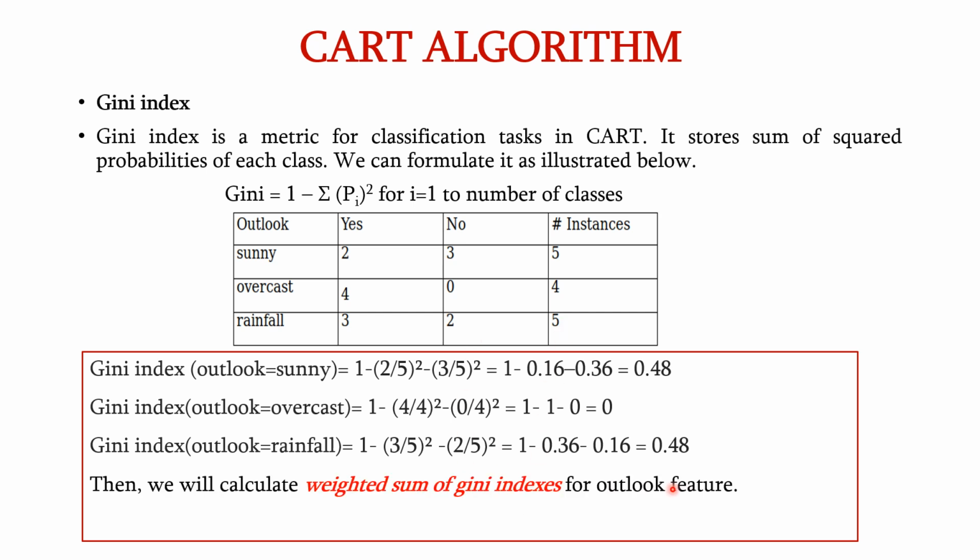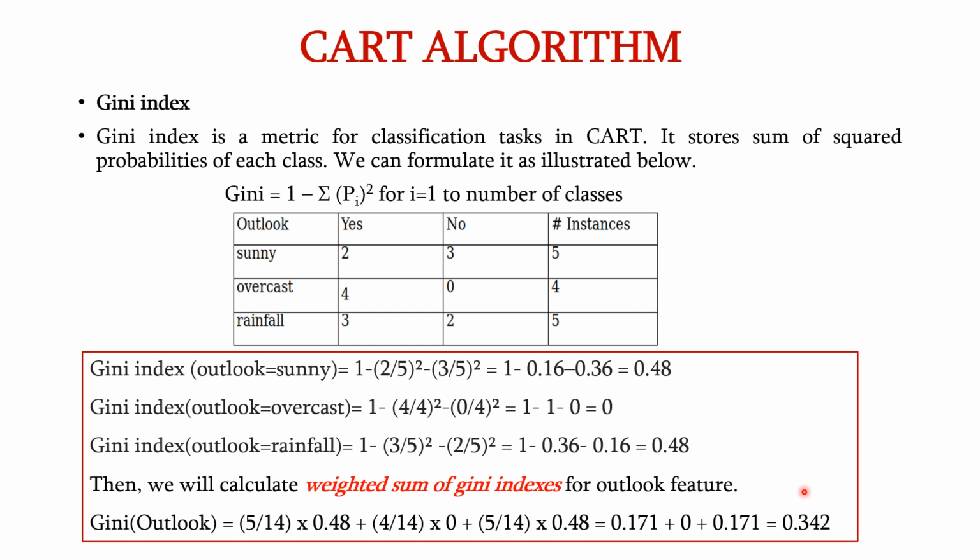Now let us calculate the weighted sum of Gini indexes for the outlook feature. For sunny, the total number of instances is 5 and the total available instances in our original dataset is 14. So 5 divided by 14 into the Gini index for outlook equal to sunny, which is 0.48, plus similarly we do it for overcast and rain.